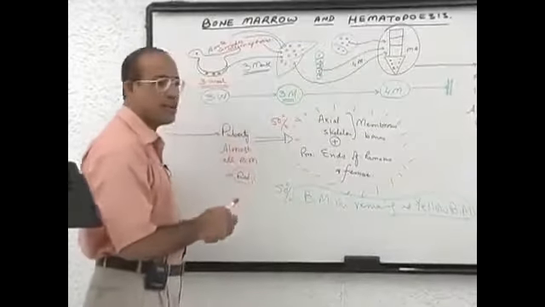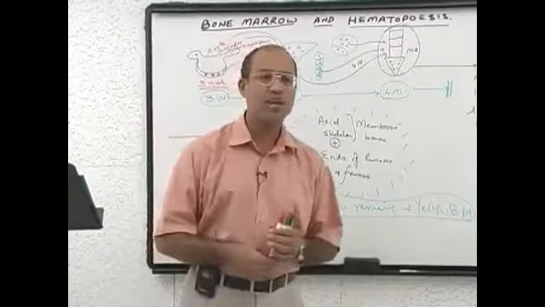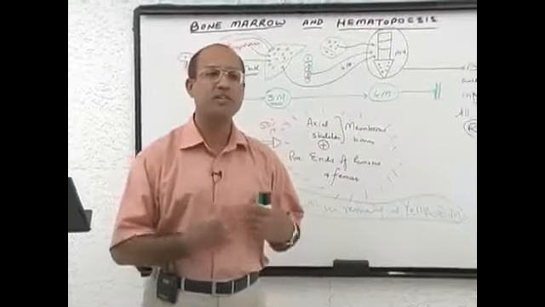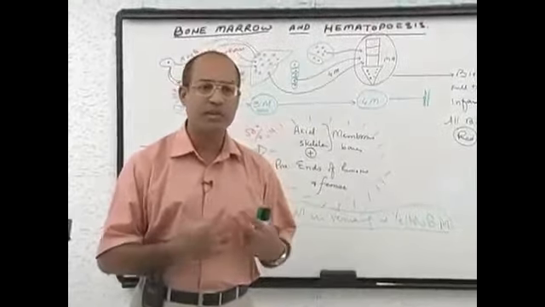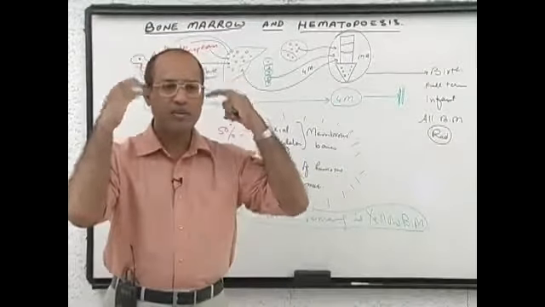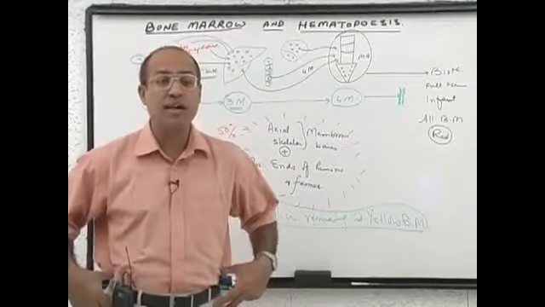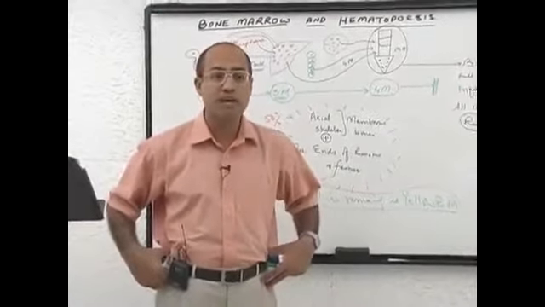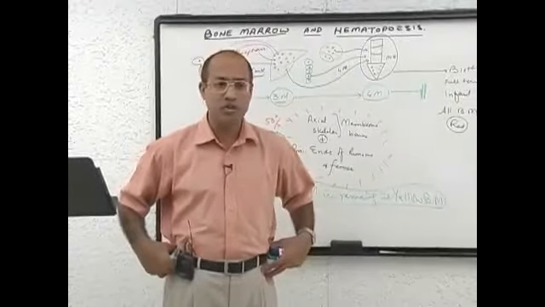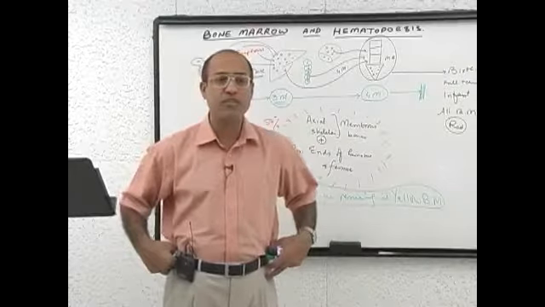For example, in severe hemolysis, RBCs are very rapidly being destroyed. Then the red bone marrow present in the axial skeleton, membranous bones and ends of the long bones may not be able to produce enough RBCs to compensate for the rapid destruction.